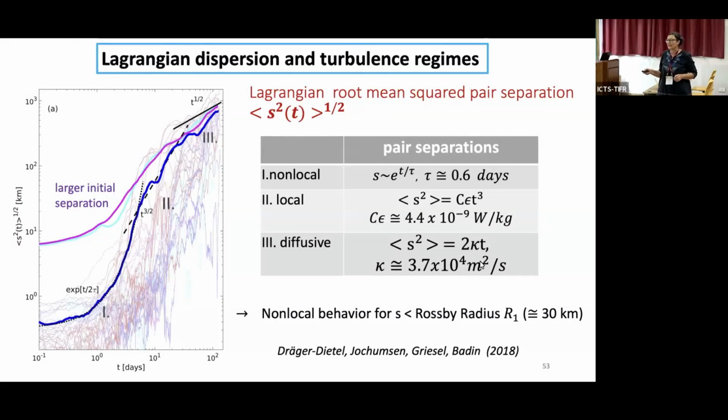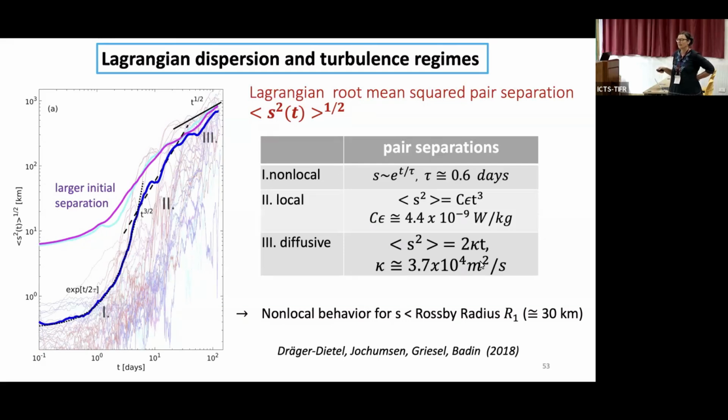Now we can look at the root mean square displacement, and what we find is a very nice fit to the local regime, which is an exponential here. Then we have a Richardson regime here, and then the diffusive regime here for larger scales.